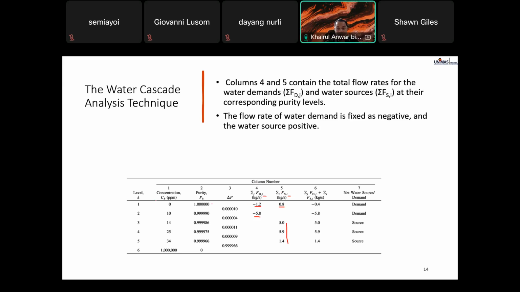So the values in columns 1, 2, 3 are related to the purity, and columns 4 and 5 are related to the flow rate. Where do you get the flow rate value? From the limiting water data table. And where does the limiting water data come from? From Figure 7 or the process.